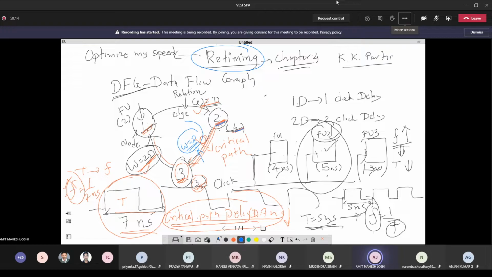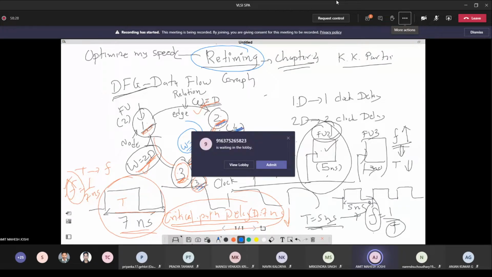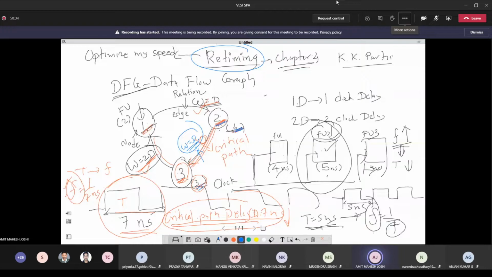How is the time changed? Because now if I consider that there is a D over here, then this node 2 requires 4 unit time, this node 3 requires 3 unit time. Now the minimum period of my system has changed. Why? Because earlier I had to complete 4 plus 3 within 1 clock cycle.